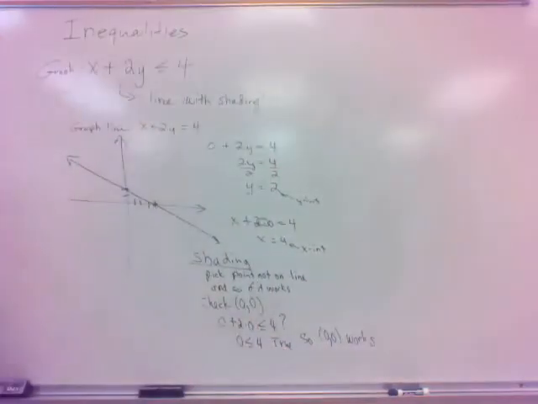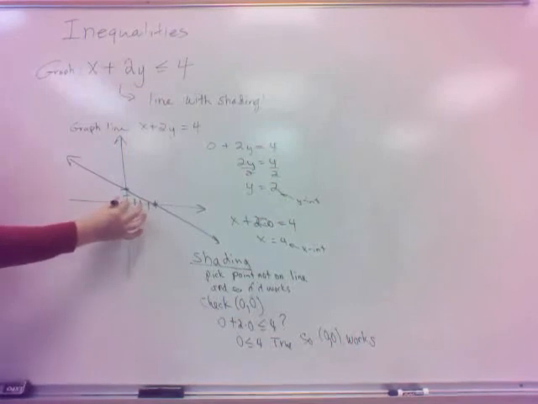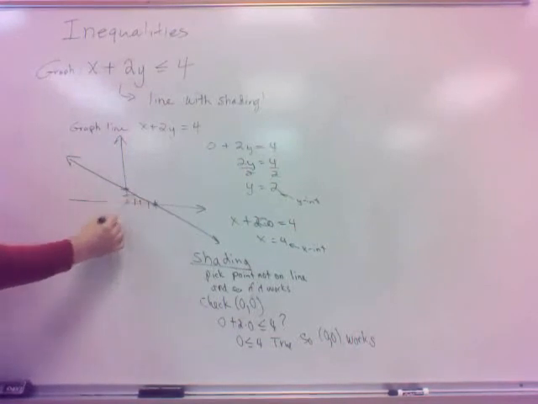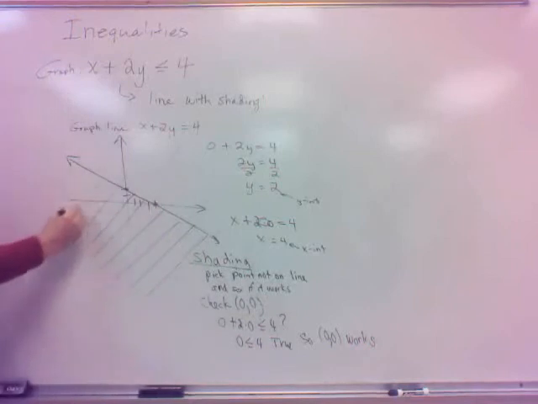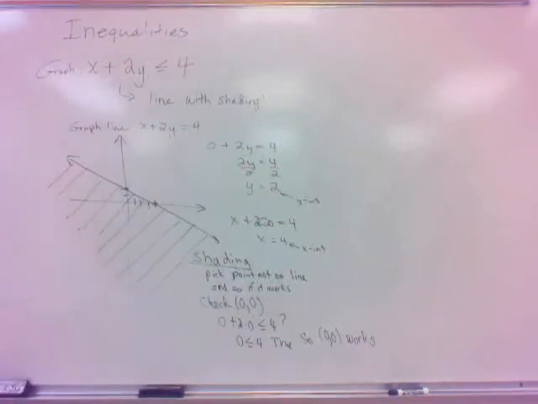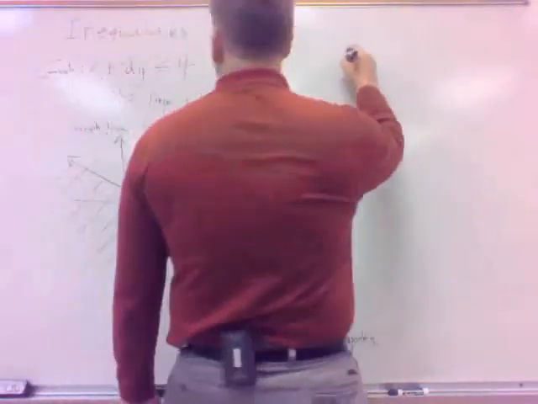So there's 0, 0, so I want to shade the side with it on it, so that would mean shade here.